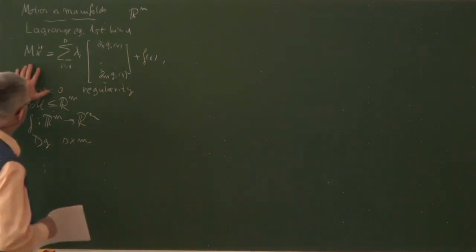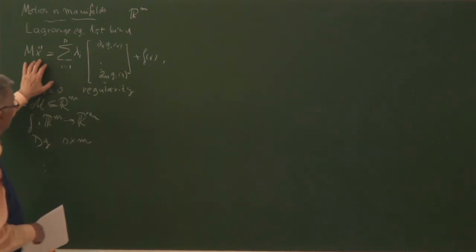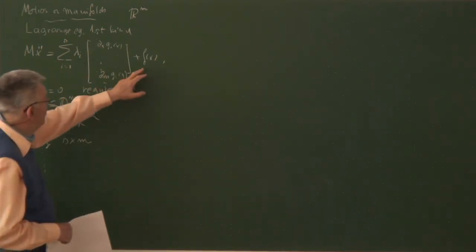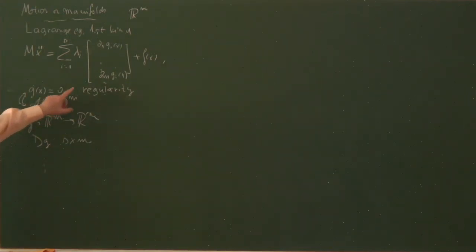So what is the meaning of this? The meaning is the mass times the acceleration is equal to force, but there are some unknown forces acting, and these forces are due to your constraints to move on the manifold. Those forces are orthogonal to the manifold. That's what stays here.